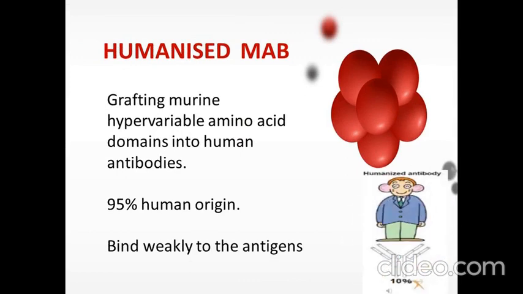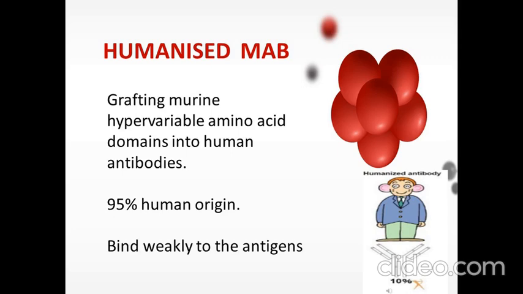Let's focus on humanized antibodies. Humanized antibodies are antibodies from non-human species. This type of antibodies is made in the laboratory by combining human antibody with a small part of mouse or rat monoclonal antibody. The murine hypervariable amino acid domains are grafted into human antibodies.